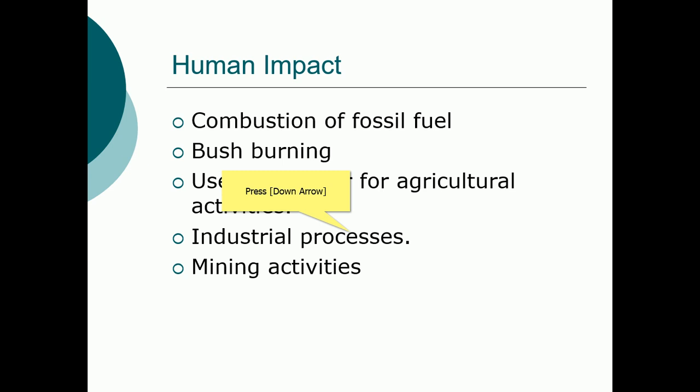And in mining activities, a lot of this sulfur is released into the environment. So you will have a high concentration, especially of hydrogen sulfide and sulfate, released to the atmosphere.